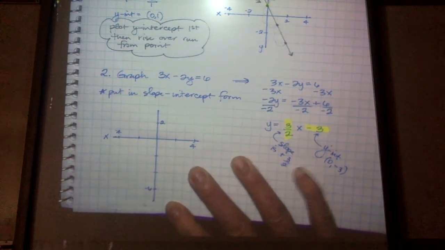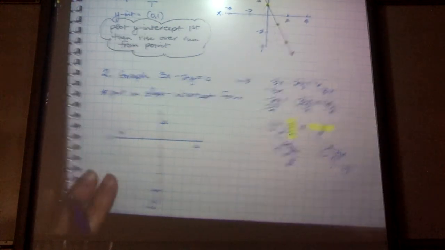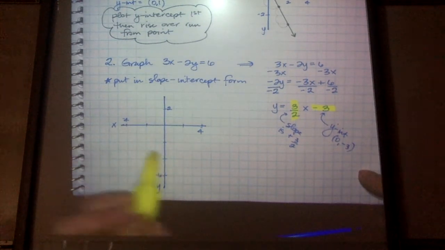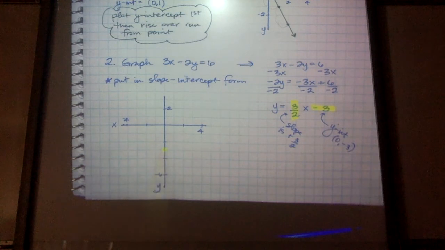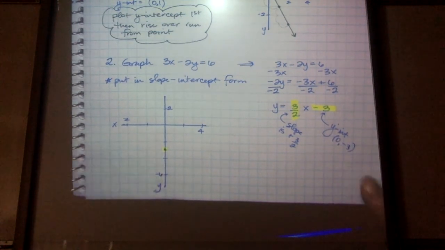Sorry, my y looks kind of funky. Okay, so I'm going to move this up. My y-intercept, here's the y-axis. I even labeled it. There, right there, should be my y-intercept. It's on the y-axis.